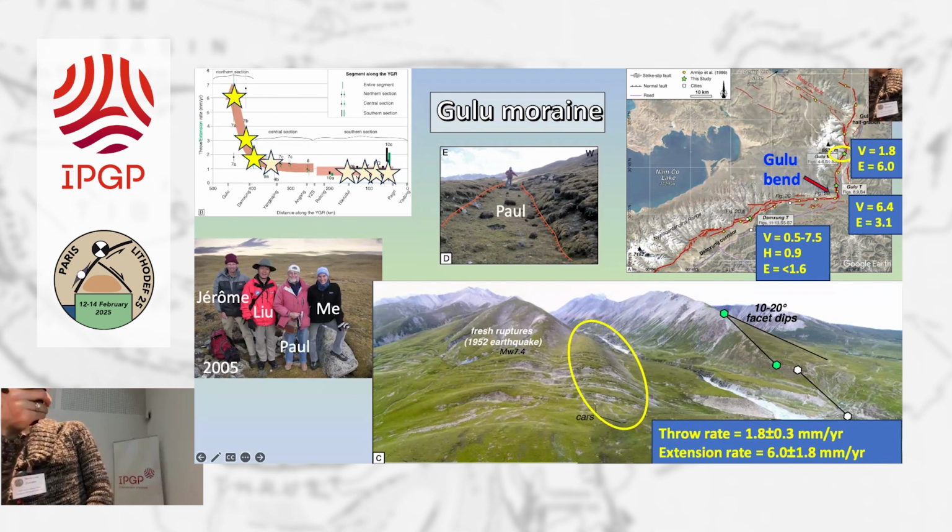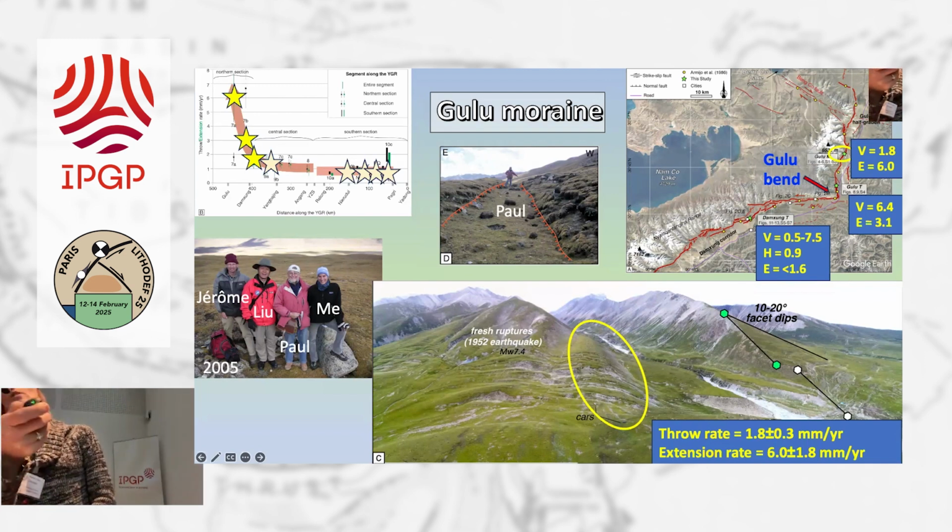And we have a very, very high extension rate up there. We have a throw rate of 1.8 millimeters per year, and that means an extension rate of 6 millimeters per year. Then the next site, here, the Gulu terraces, we have a throw rate of 6 and an extension rate of 3, so it's decreasing slightly.